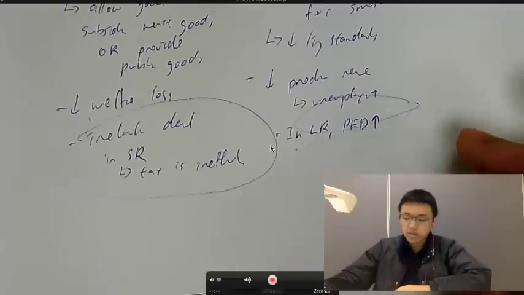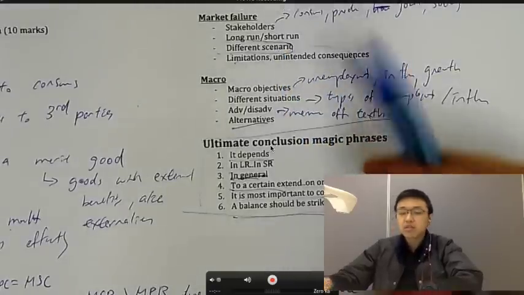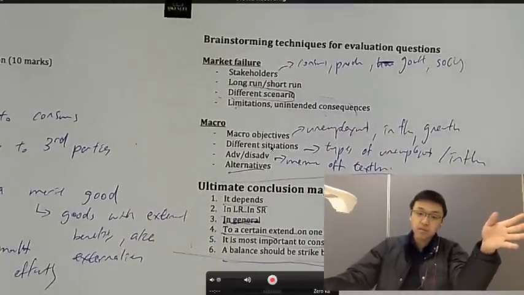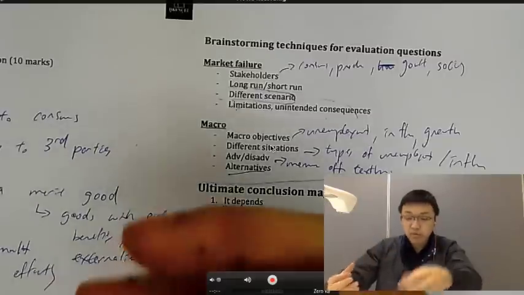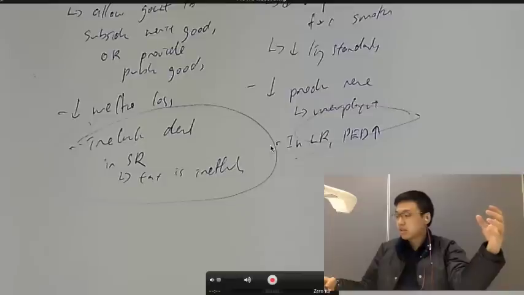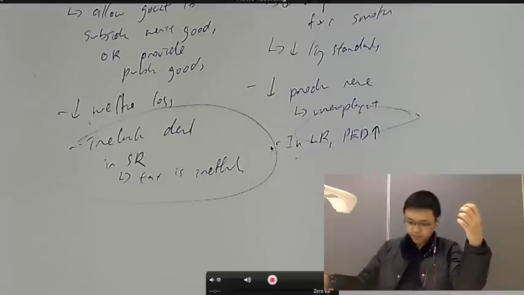Okay, so different scenario. What do I mean by different scenario? So one different scenario is one of the very clear distinctions in terms of cigarettes: cigarette tax is more effective for some people. It's more effective for young people who have low income, because young people who have low income tend to be more sensitive to price changes. They're more price conscious because they have a lower income, right? So that's exactly what you could say, right?